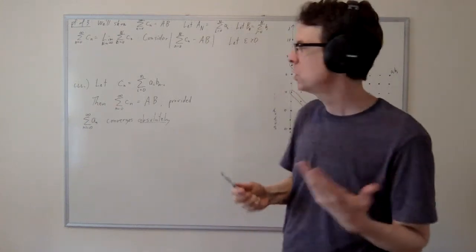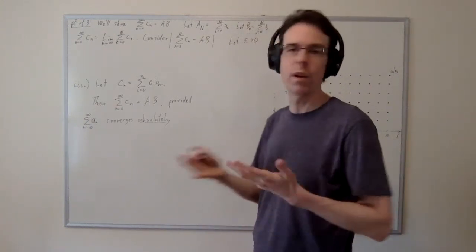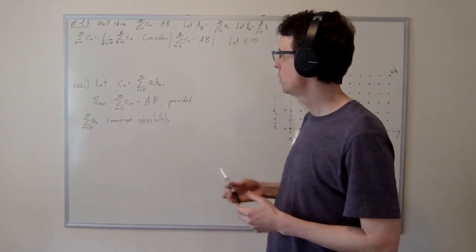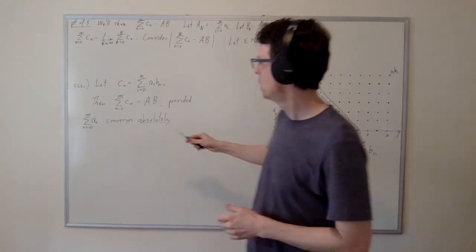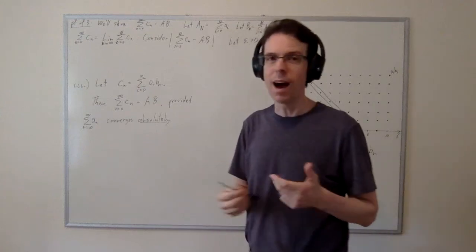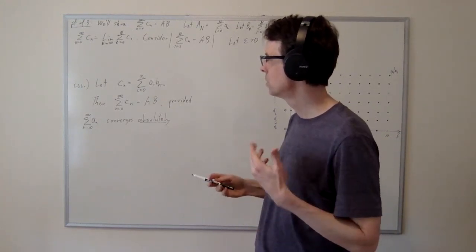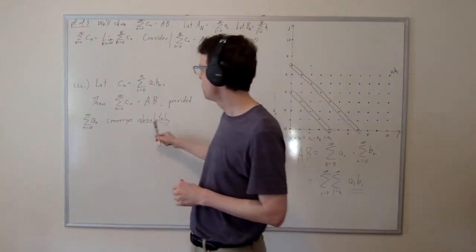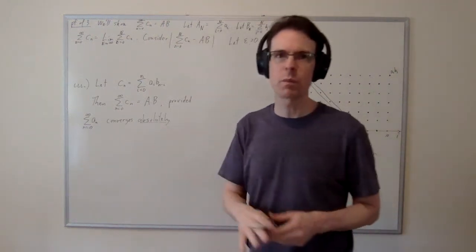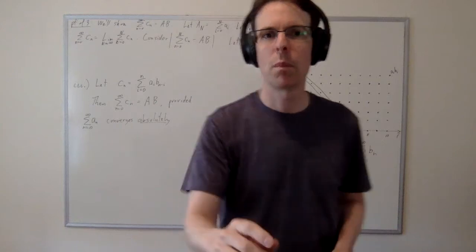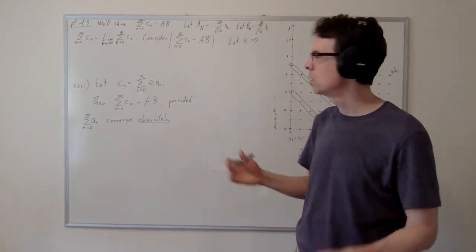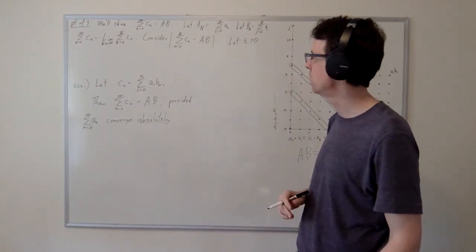In fact, it would be sufficient to say that either one of them converges absolutely, then this will be true. But this theorem is not true if neither one of them converges absolutely, which is strange. So here, the real hypothesis is that one of them converges absolutely, but for simplicity, I'm going to assume that the one that converges absolutely is A_n.